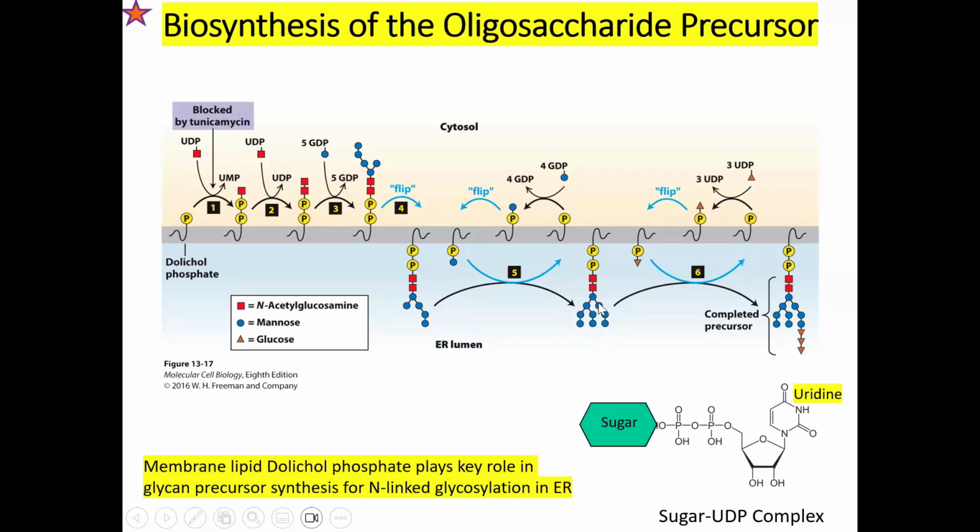Am I counting correctly? 1, 2, 3, 4, 5, 6, 7, 8, 9. Yes, it should be 9. There is never 10. So 5 to 9 mannose.